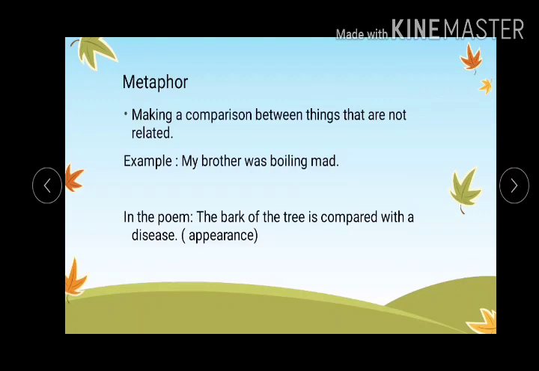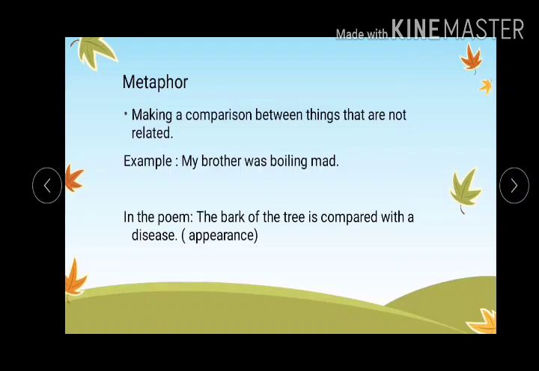Now, boiling is an action that is done when water or any other substance is kept on fire and it starts to boil. Now, what is the meaning of this line here? My brother was boiling mad. Now, boiling mad means a person is extremely angry or very angry. So we can see that here a comparison is made between the action of boiling and a person being very angry.